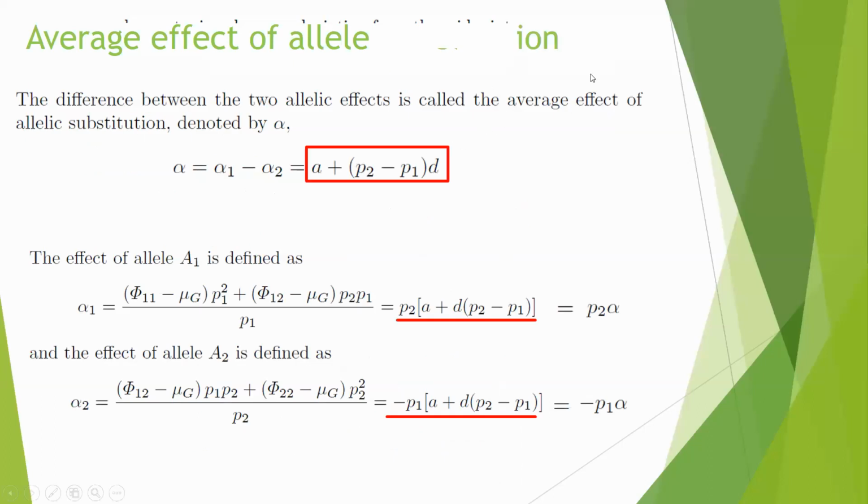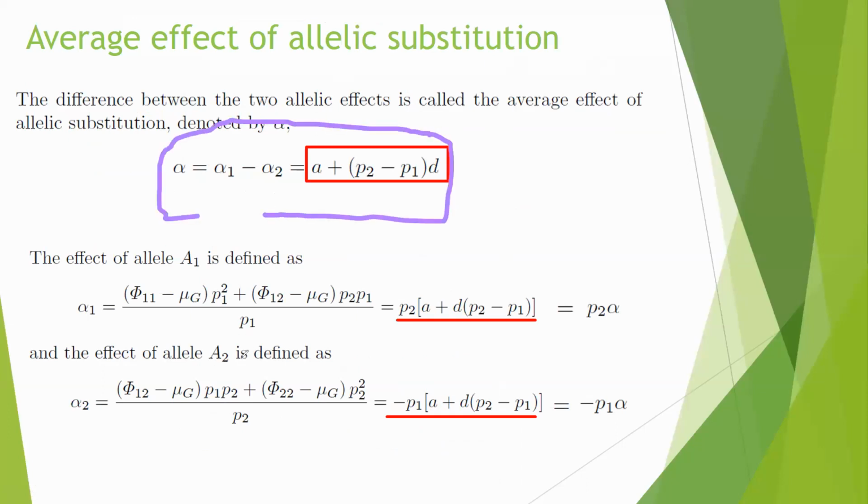And the difference between these two allele effects will be defined as the allelic substitution, like this. All right, and we can easily rewrite the average effect for each of these two alleles by using the allelic substitution term, right?